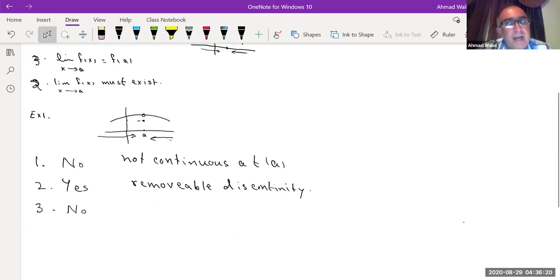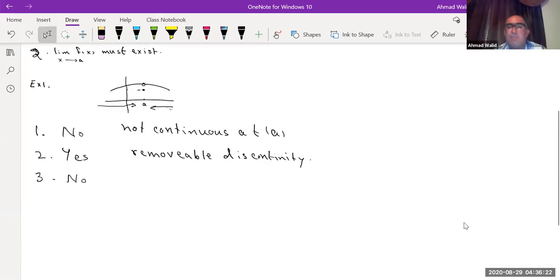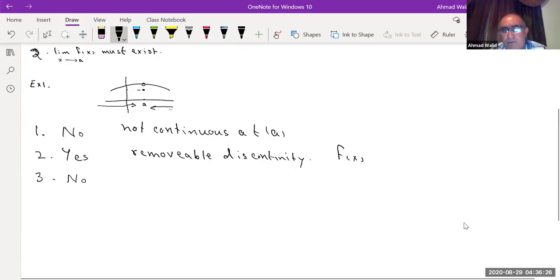To explain it more, I'll show it in a function for you. For example, if you have f of x equals x squared minus 9 over x minus 3. Remember this function from algebra? We call it a rational function, correct?